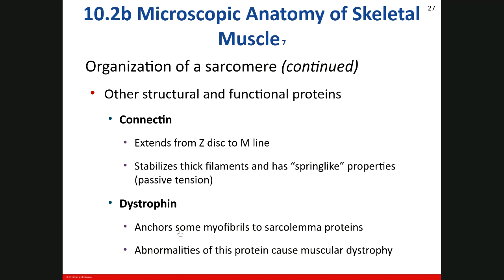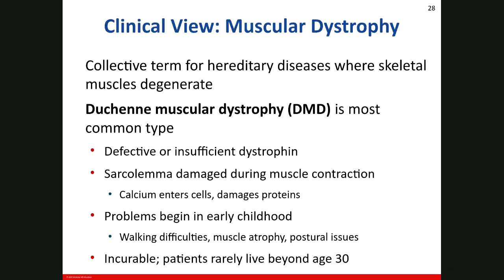The abnormality of this dystrophin can cause muscular dystrophy, and this is a disease which we have specifically in female. We call it muscular dystrophy. In this disease, we have insufficient or defective dystrophin. The sarcomere is damaged during muscle contraction, and calcium enters the cell and damages the protein.